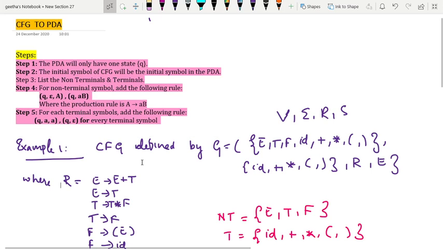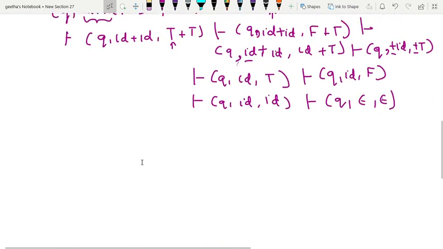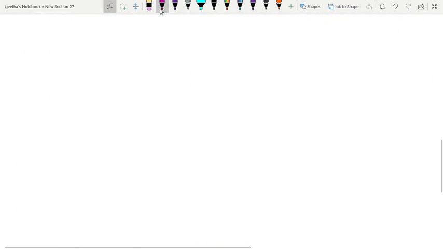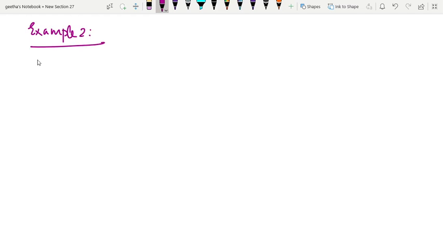Next we'll see one more example for a CFG to PDA conversion. Example 2. Convert the following CFG to PDA. S gives ABB or A, A gives ABB.